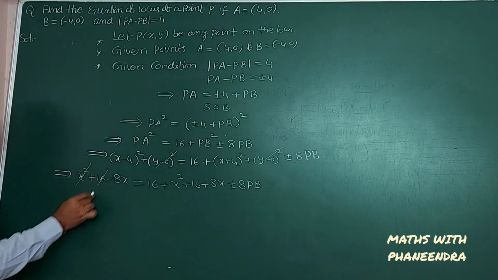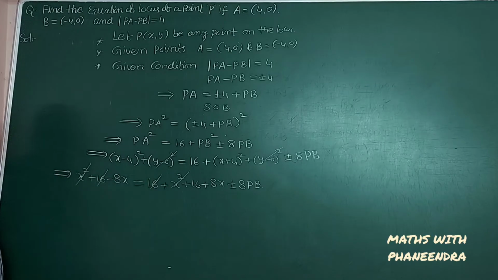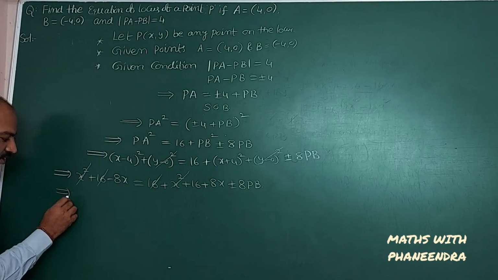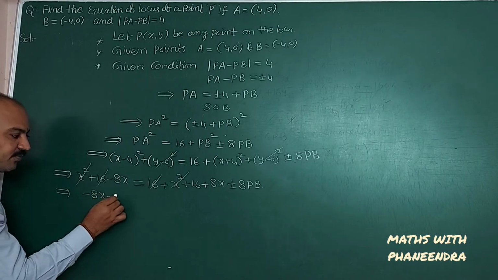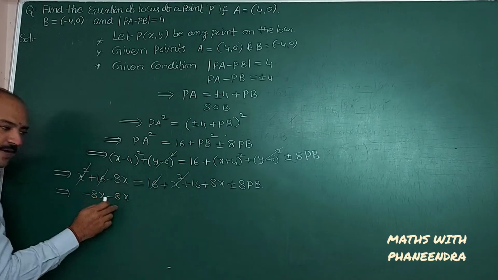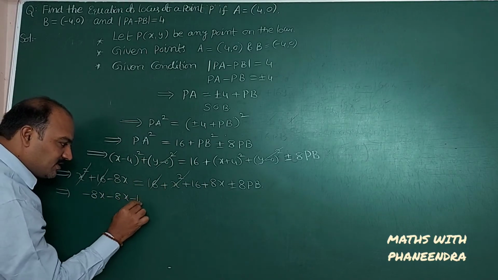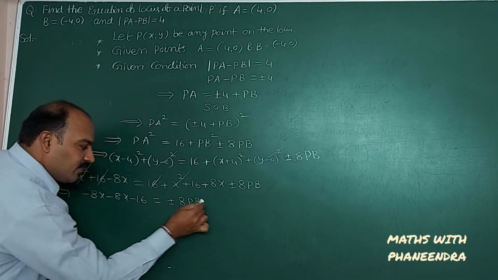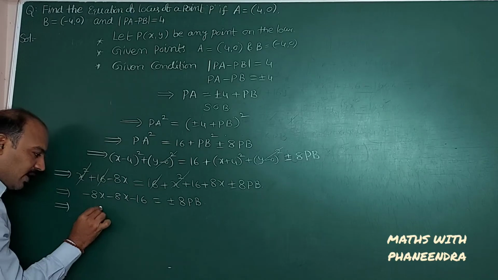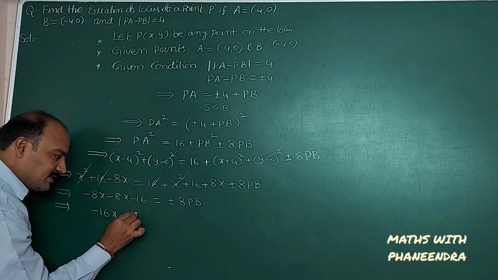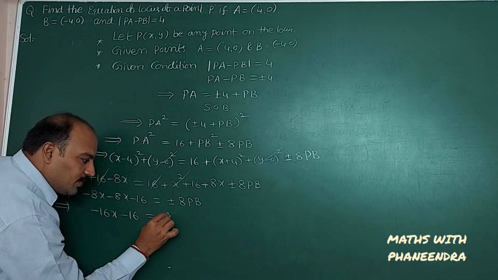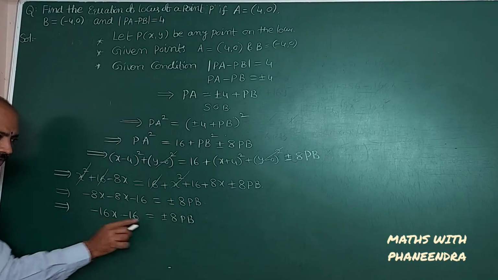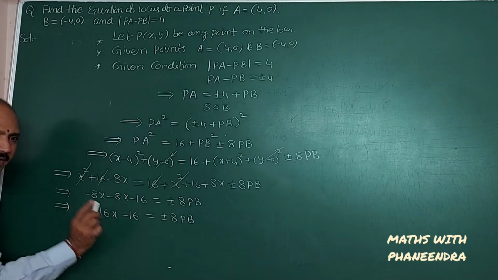Now x square plus 16, x square plus 16 cancel. This 8x we can take to this side and 16 also we can take to this side. So already minus 8x is there, that plus 8x also we can take to this side: minus 8x, minus 16 is equal to plus or minus 8 PB. So minus 16x minus 16 is equal to plus or minus 8 PB. Here 8 is there, here also 8, so you can take it common.